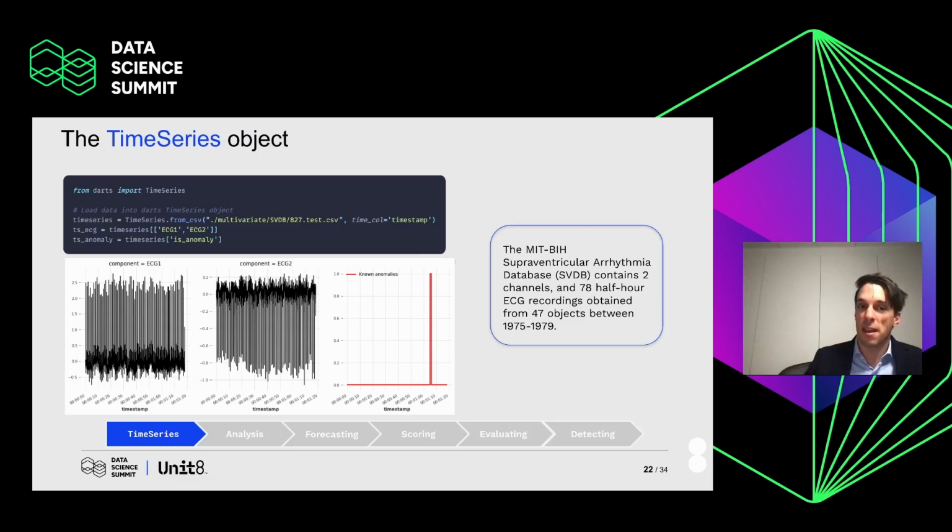Using the same interface, we can instantiate a time series object by loading the CSV file, indicating which column contains the time information, and then split out the different components of the time series containing the ECG and the anomalies. With the simple plot visualization we've seen before, we can visualize all components. This is the overall first 1 minute 20 seconds of the signal.